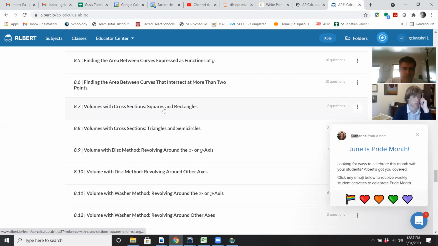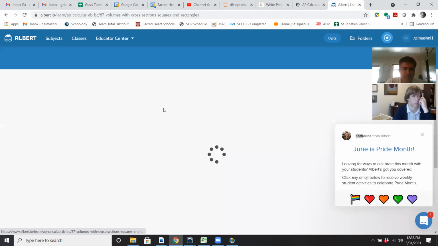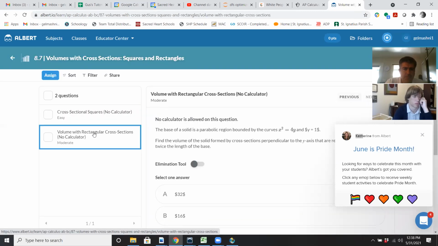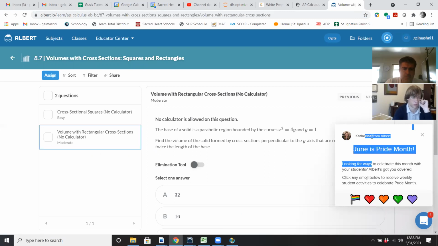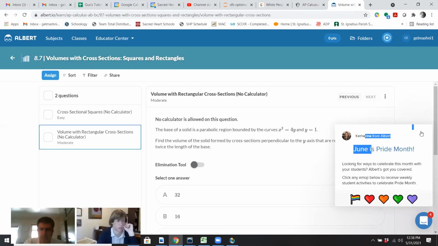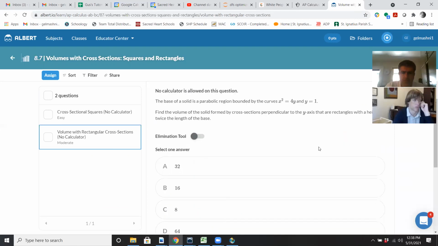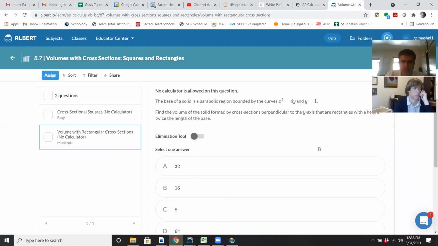We'll start with volume of cross sections, and we'll do revolution. Okay, that's a fun one.